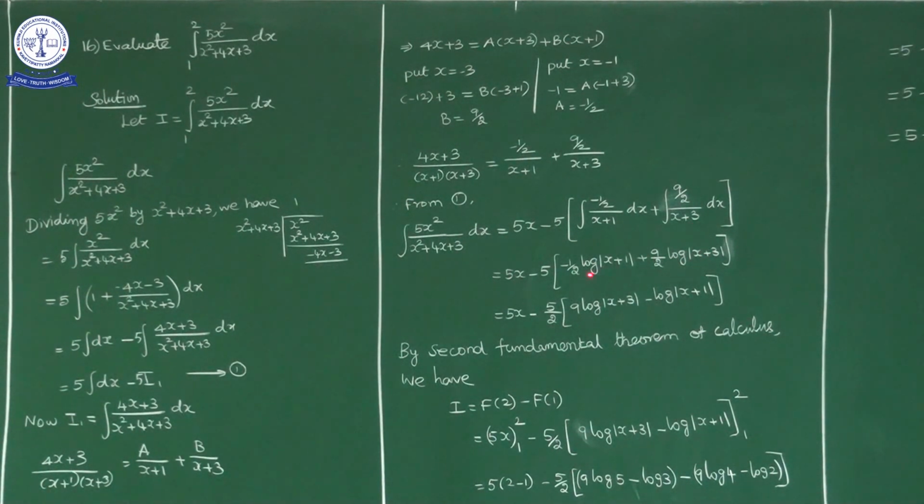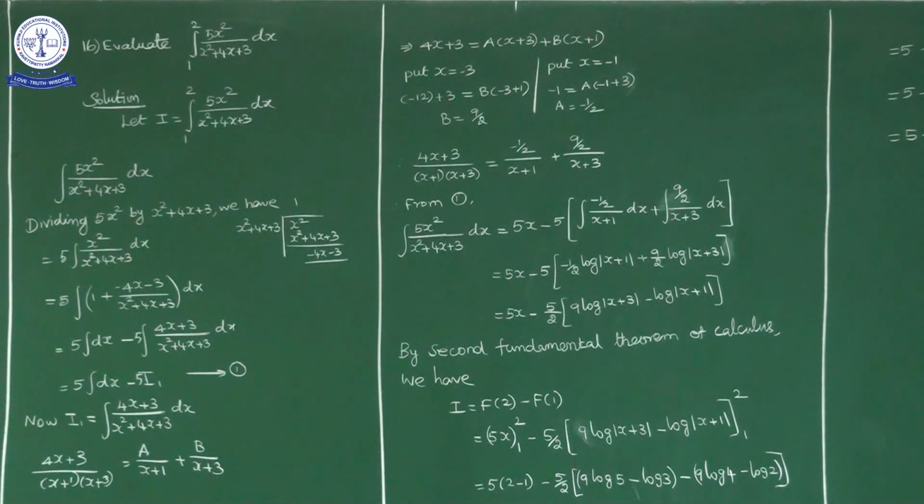So overall, here 2 in the denominator, I will write 2 outside. So 5x minus 5 by 2 into, I will write first this term, 9 log x plus 3 minus log mod x plus 1.